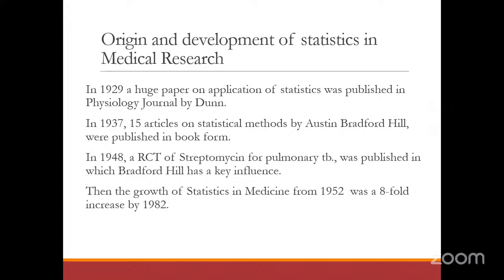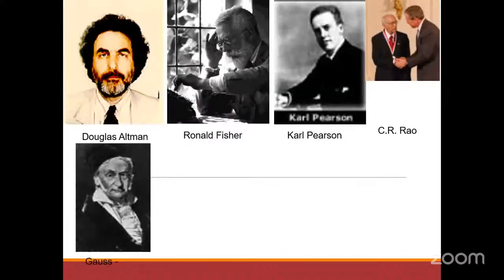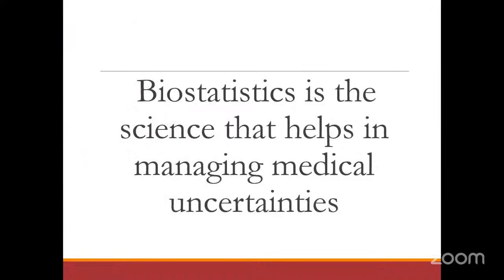In 1948, there was the RCT trial of streptomycin for pulmonary tuberculosis, also done by these famous statisticians. After that, this field got so much importance. Altman, Fisher, Pearson, and the Indian statistician C.R. Rao are all associated with very famous instruments in statistics as well as biostatistics.